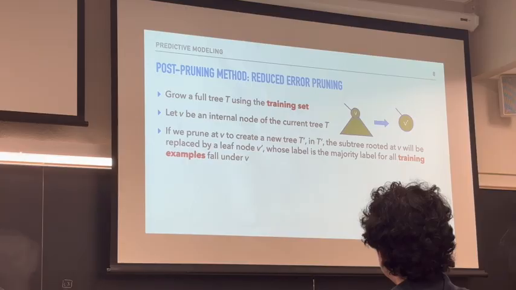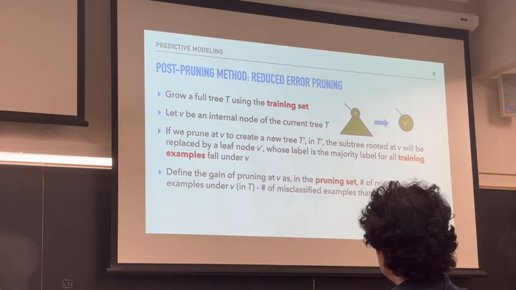Again, you build it on the training data, and you test it on some validation data which has zero overlap with the training data. Based on that, you check whether replacing that entire subtree with a single node is actually useful. Does that actually generalize on unseen data or not?